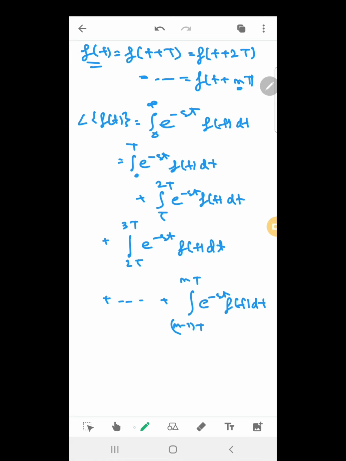Now we will substitute the value of t in such a way that the limit of each and every integration becomes the same.